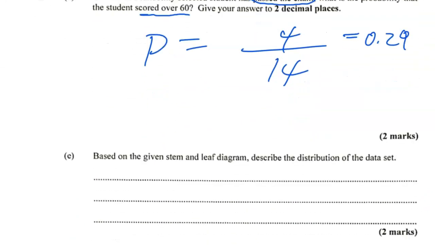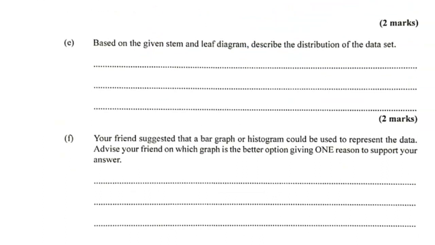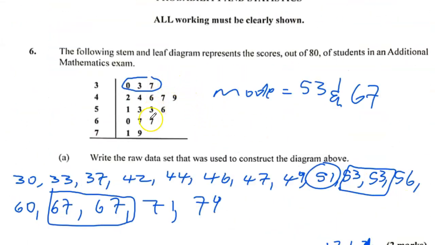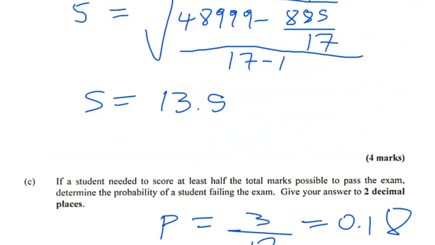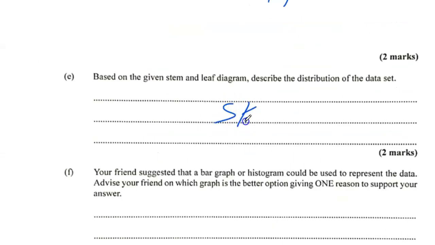Next. Based on the stem and leaf diagram, describe the distribution of the data set. Let's go back to it. Of course, it's not evenly distributed, so obviously the data is skewed, and it could be positively or negatively skewed.